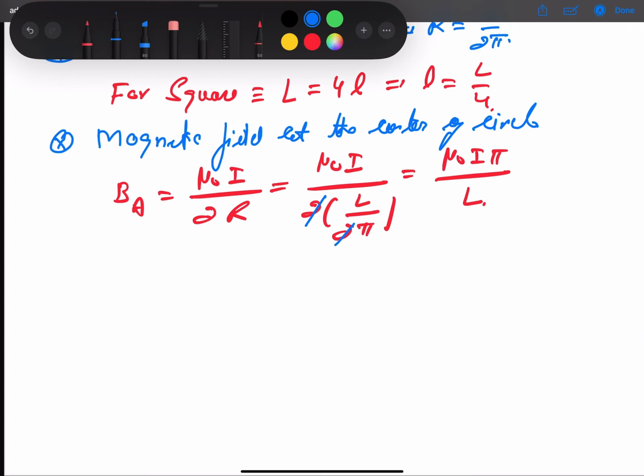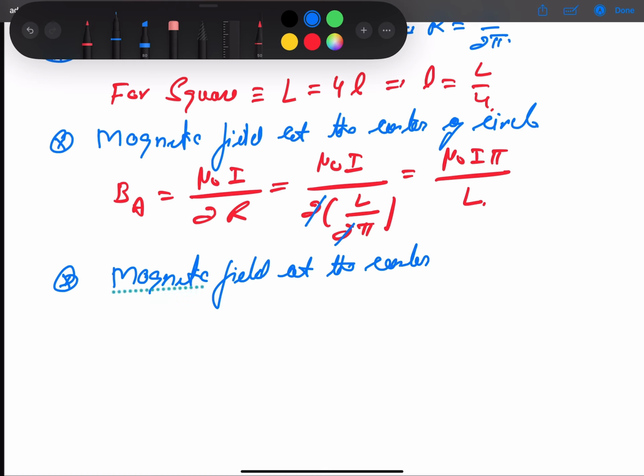Then we find out the magnetic field at the center of the square.